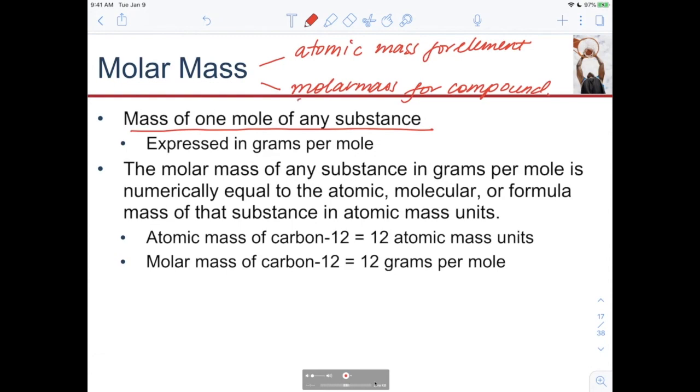Like I say, molecular mass for compound, or atomic mass for element. It's still the same thing. They all come from the periodic table. Okay? So it's the mass of 1 mole of any substance, expressed in grams per mole.